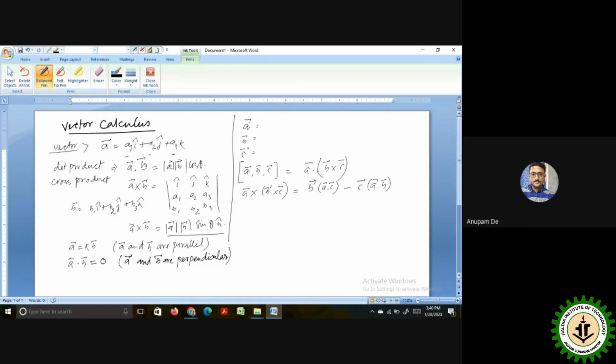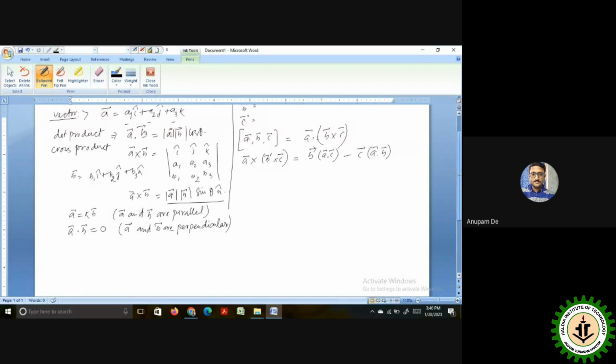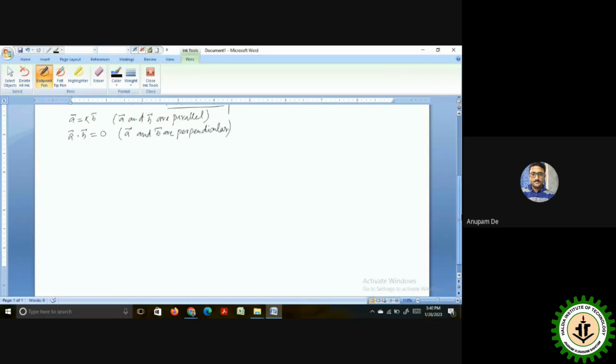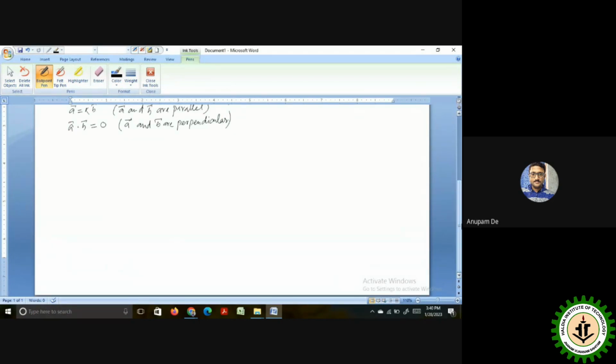So these are all about constant vectors, like A, B, C. For those we can do these things. But whenever it comes to a vector function or scalar function, then what to do with that? Suppose I have a function r equal to r1i plus r2j plus r3k. For r to be a constant, this is well and good.